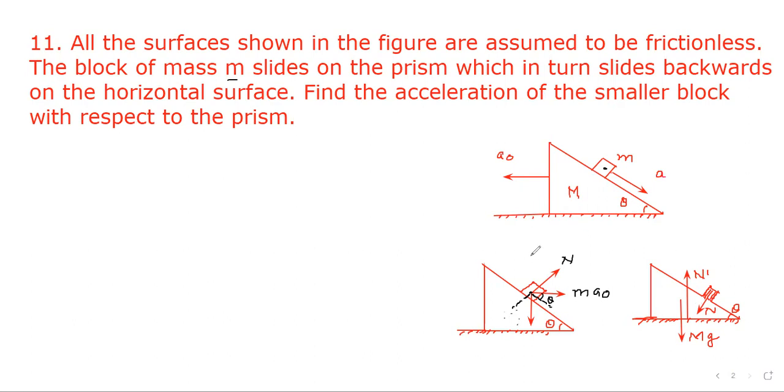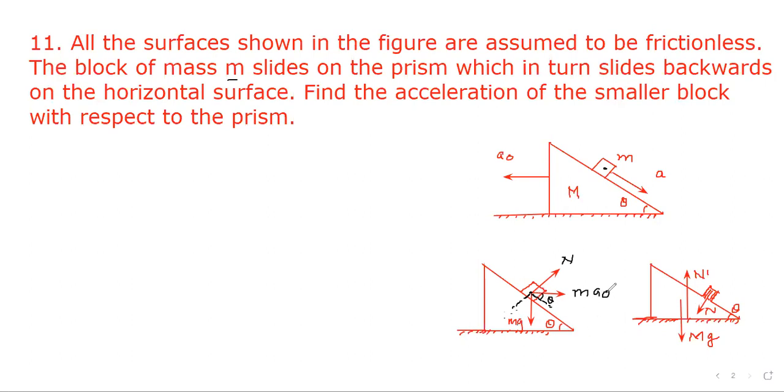Now, we will consider the motion of the smaller block. When the bigger block moves in this direction, the smaller block will experience a pseudo force ma0 in this direction. So this is ma0, which is acting in this direction, and the weight of the smaller block, mg, is acting in this direction. So we have to find the total force along the incline.